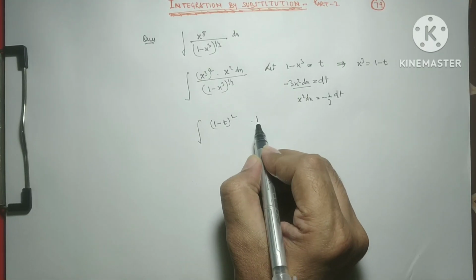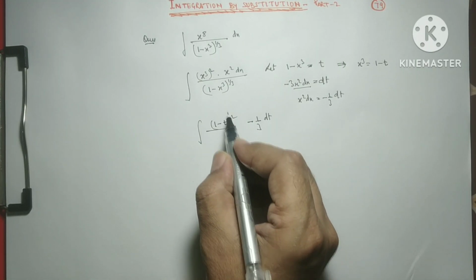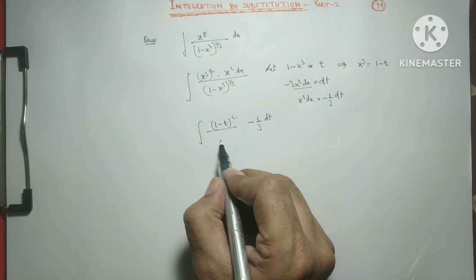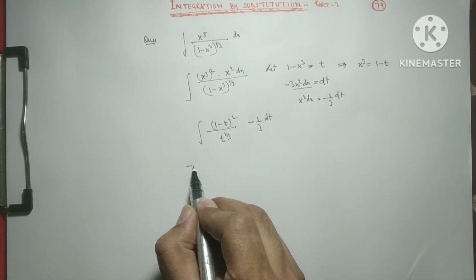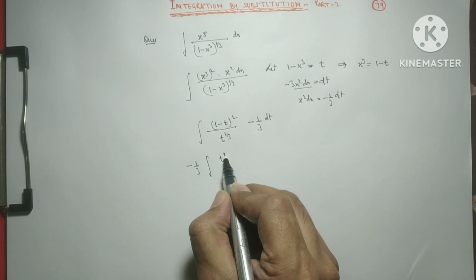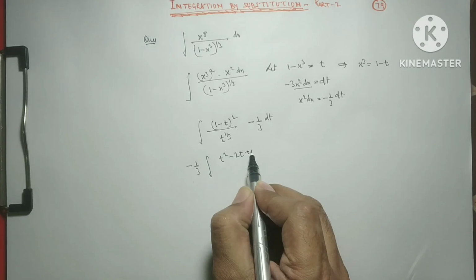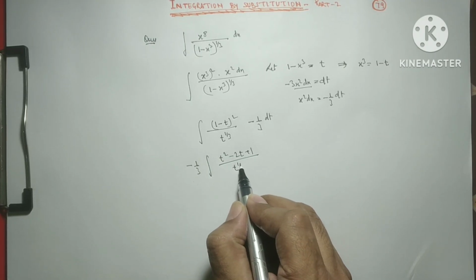So we can put 1 over 3 dt with a negative sign, and the denominator is t raised to the power 1/3. So right now we have minus 1 over 3, and the numerator is t square minus 2t plus 1, over t to the power 1 by 3.